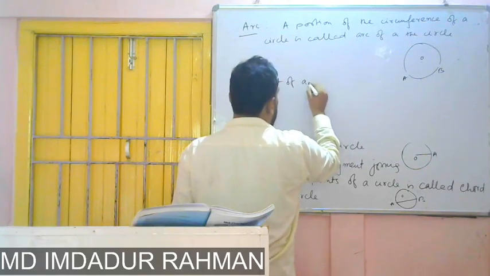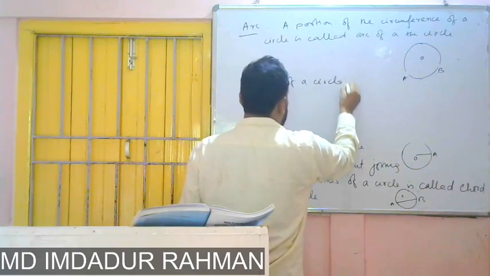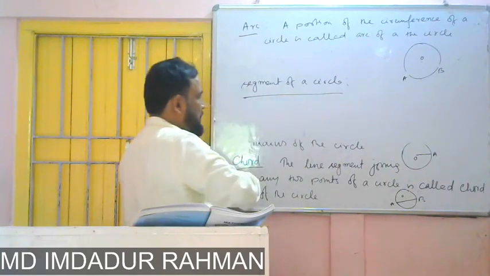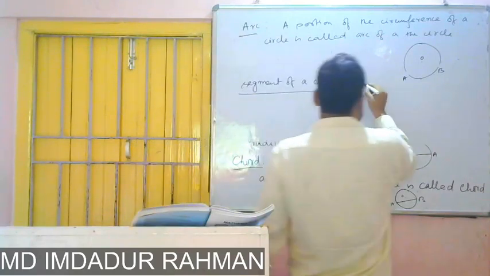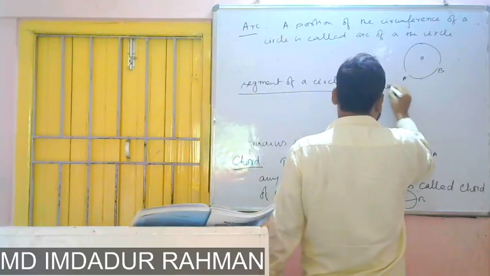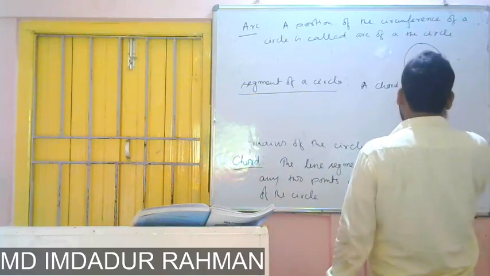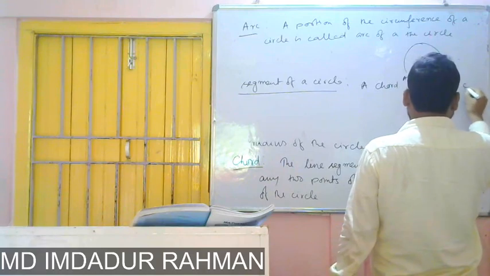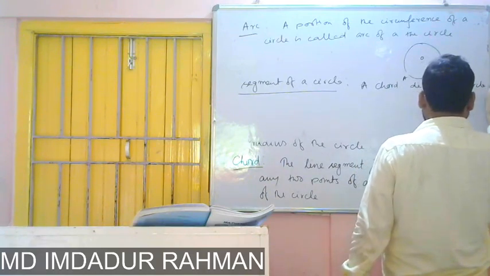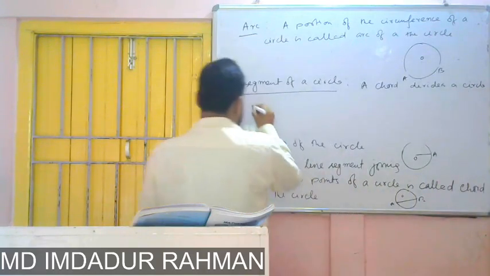Segment of a circle. A chord divides the circle into two parts.